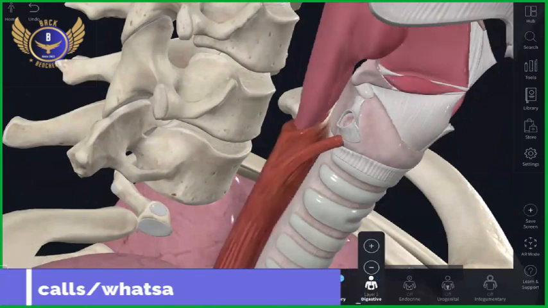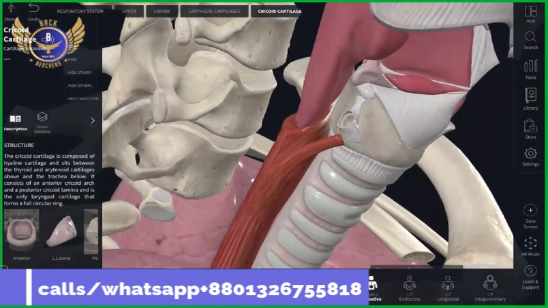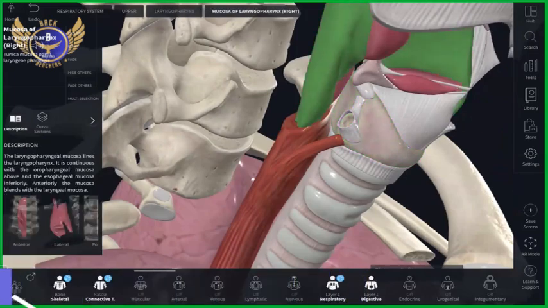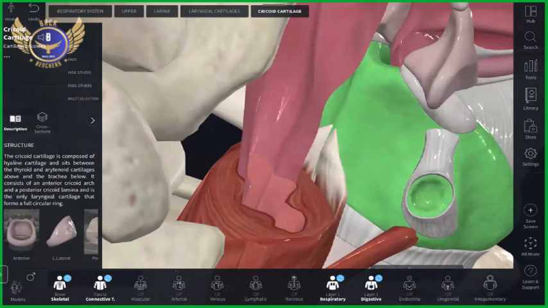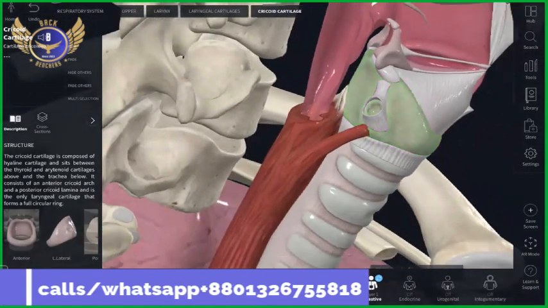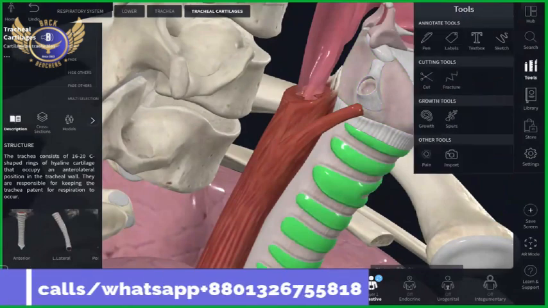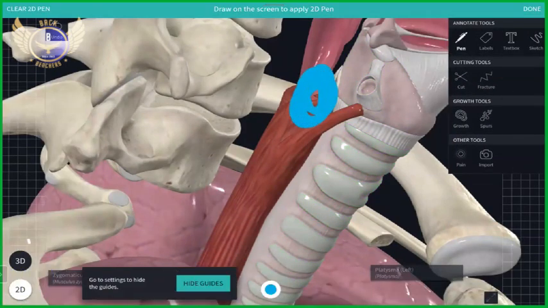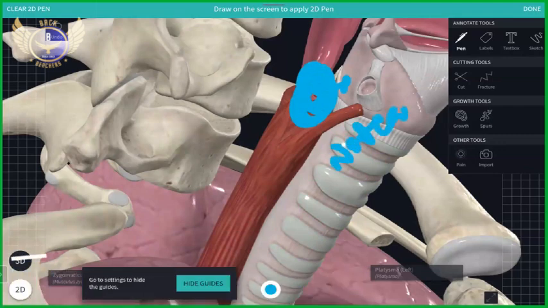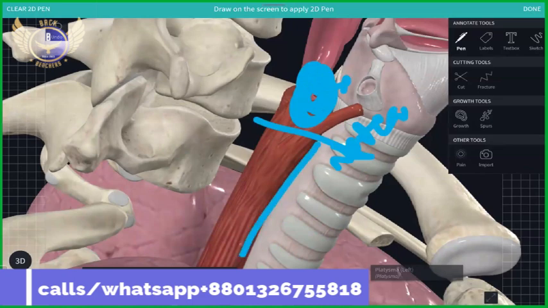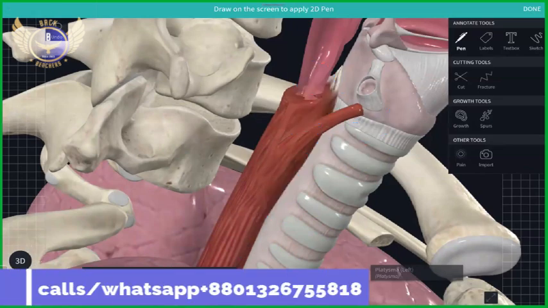See, this is our cricoid cartilage and it is a complete ring. Let me show you from behind. See, this is a complete ring. This is a complete cartilage and others are just C-shaped. So if we have a tumor at this level, that will not cause problems in respiration. But after that, any tumor will compress the trachea and you will have respiratory problems.